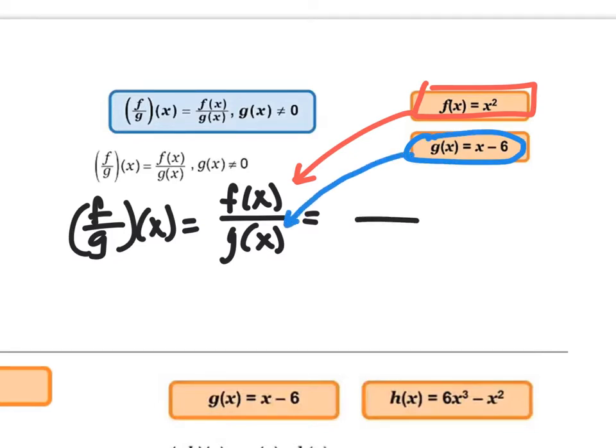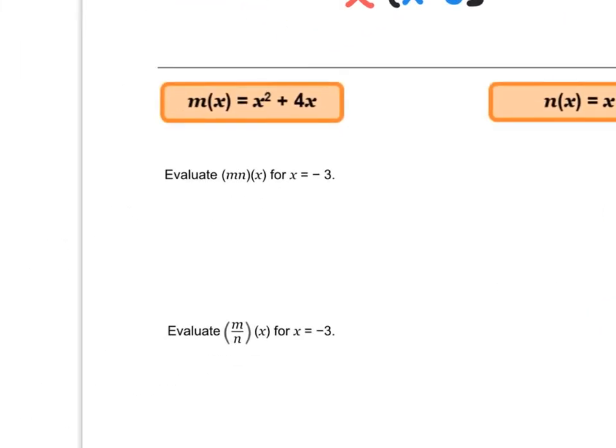So as a result, we're going to get x squared, and then underneath, we're going to write x minus 6, okay? And this gives us a new function, all right? And so let's evaluate these. Let's try a few of them.